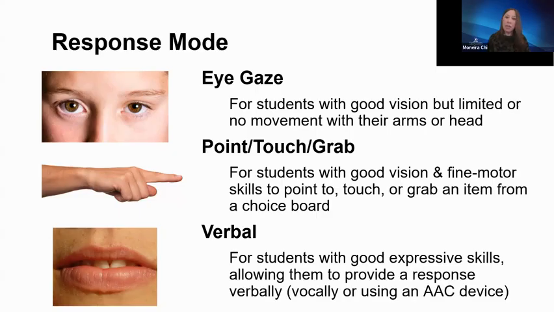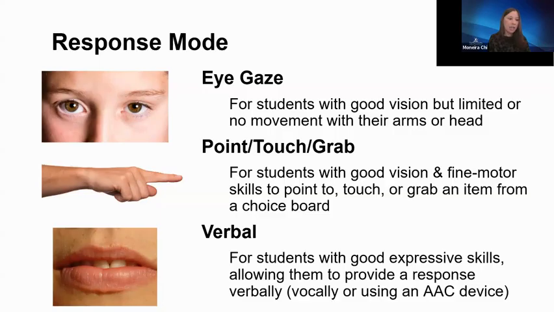Some examples might be for a child who does not have vocal speech and maybe has limited or no movement in their arms or head, we might consider using eye gaze as a method of responding. So this would require the child to have good vision, to have the ability to clearly look towards a choice placed in their visual field. And that might be the best way for them to be able to make choices or respond to questions that are presented to them.